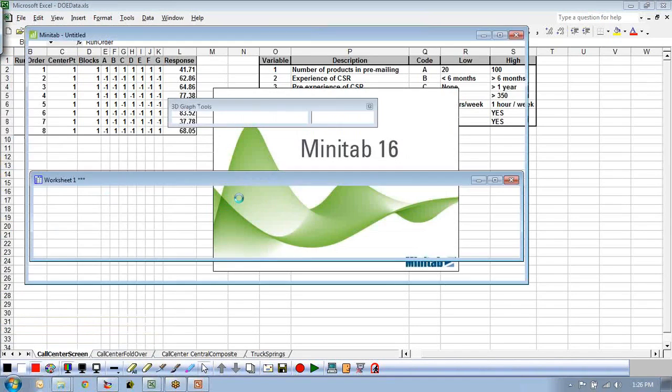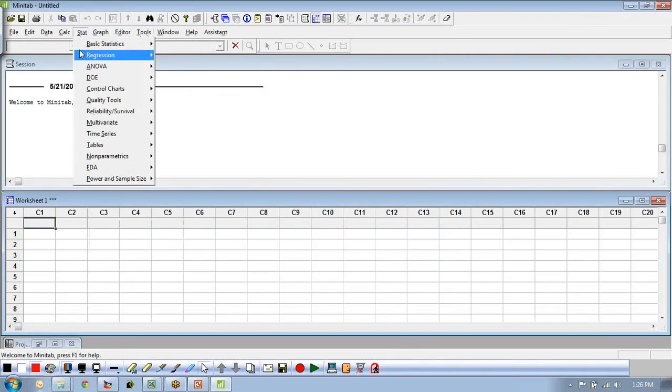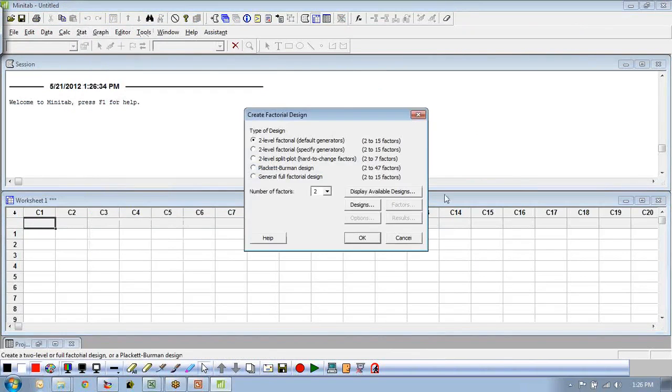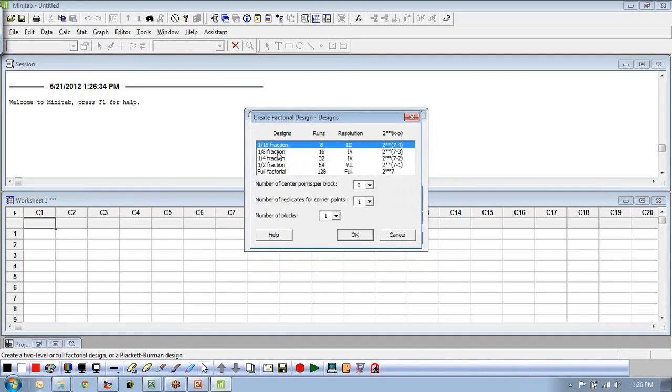So here we have 7 factors, A through G. Factorial, create factorial design, 7 factors, display available designs. Well, here's our 8, and it says a resolution 3. Go ahead and choose that.